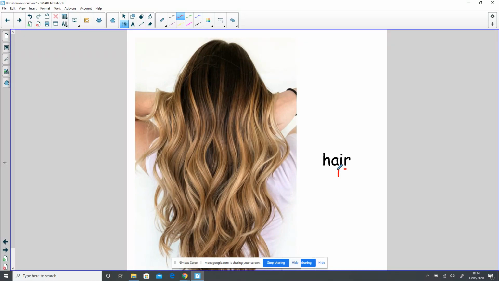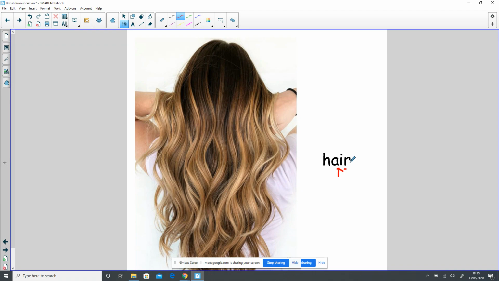That's the air sound. Air is a vowel. P, b, k, they're not vowels. So this is going to be silent. So British English, it's silent. So I say hair. Something which I don't have much of. Yeah, and US English, hair.